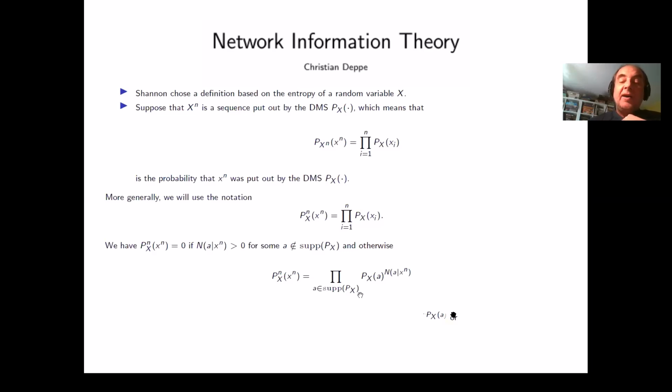Now, I will remind you of the definition of the entropy. In information theory, you have defined the entropy, and you use it as some kind of uncertainty measurement. So let us note that the definition is minus the sum over all x in X of P_X(x) log P_X(x).